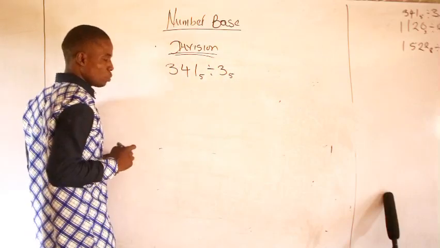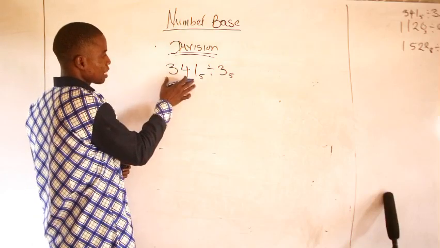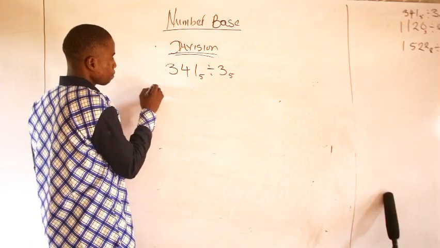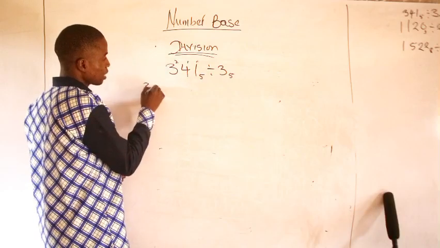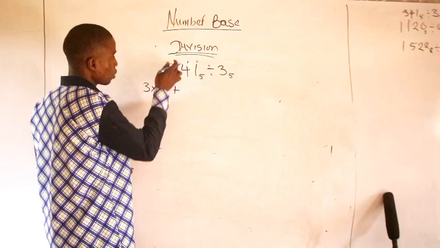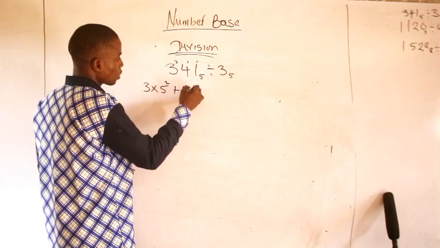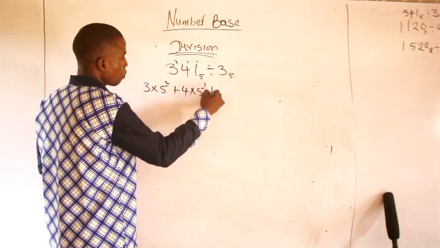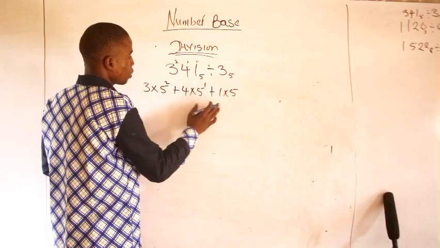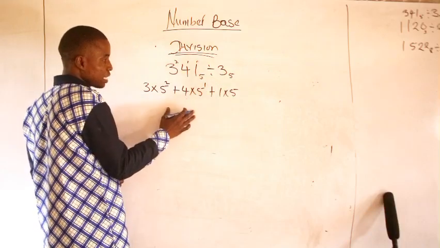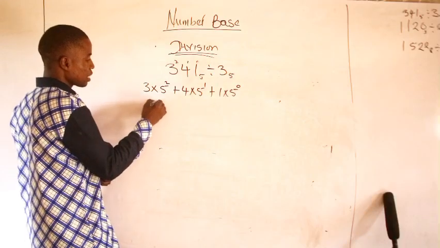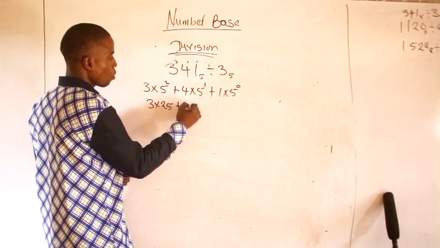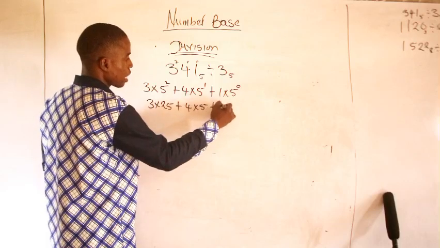How can we convert this one to base 10? Let us start with this one. It will be 3, 4, 1. You are familiar with it. 3 times 5 squared plus 4 times 5 to the power 1 plus 1 times 5 to the power 0. I'm converting this one first to base 10. Now, this one is 3 times 25 plus 4 times 5 plus 1 times 1.